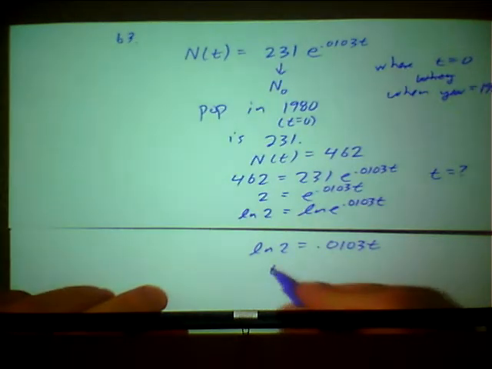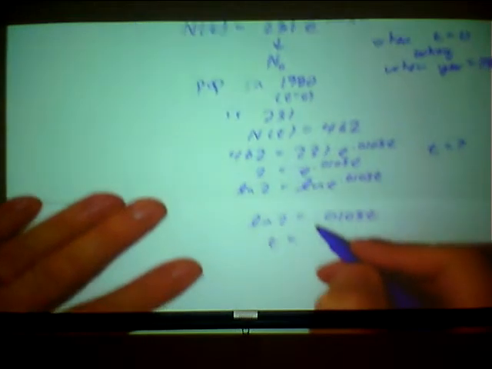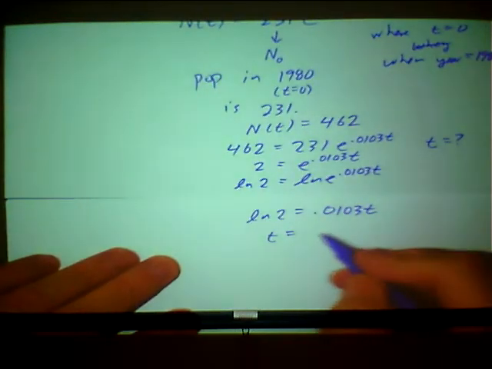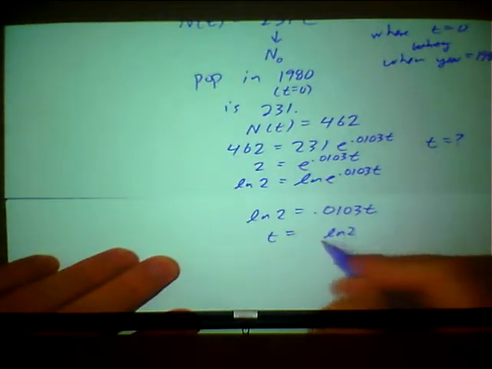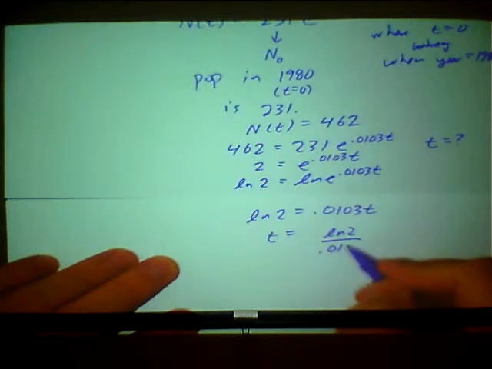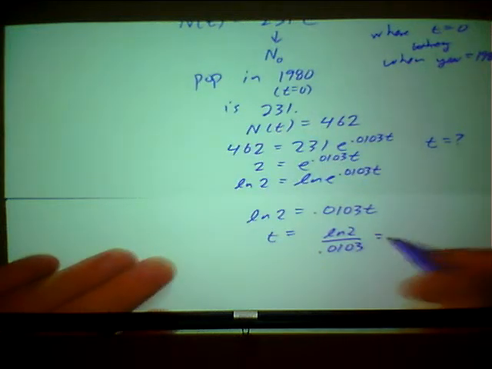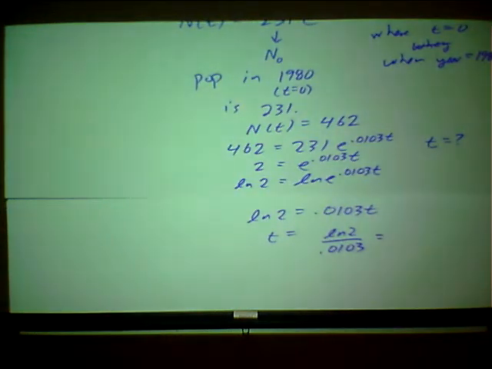Now if I solve for t, I divide both sides by that 0.0103. So I have natural log of 2 over 0.0103.